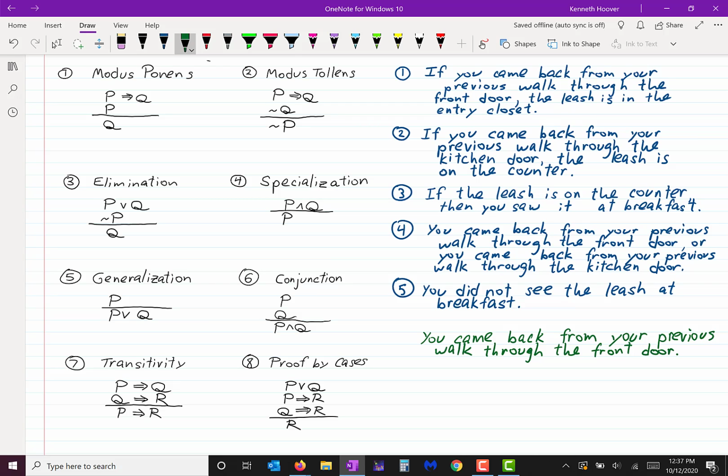Let's name that something. How about let's name that FD for front door. Okay, and there's a similar one about a kitchen door, right? So let's go ahead and write that one down right now.